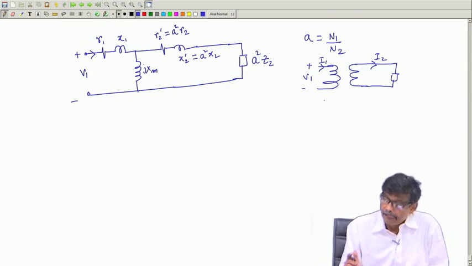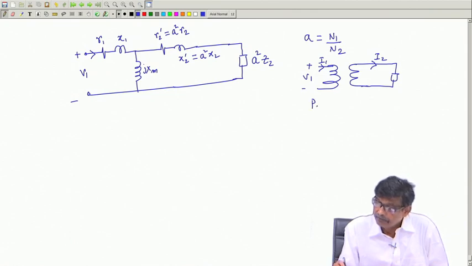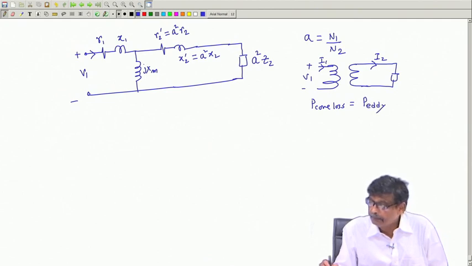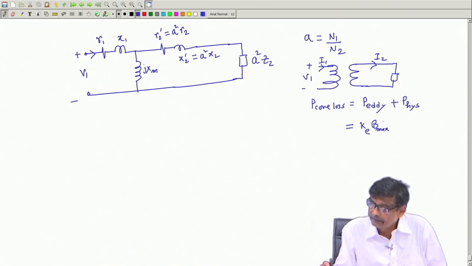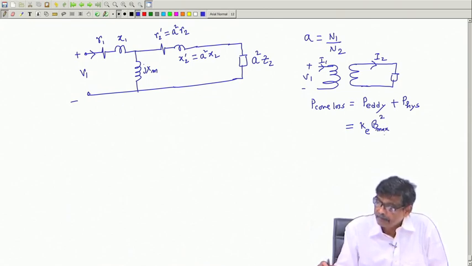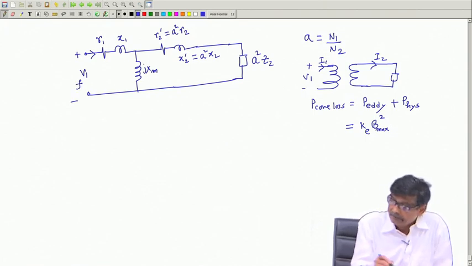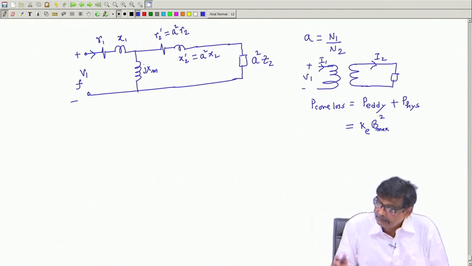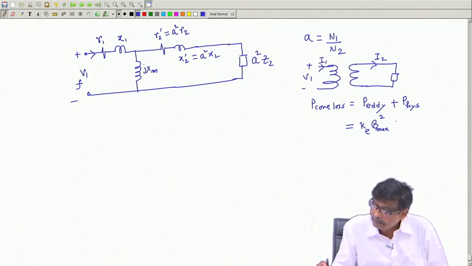Now, core loss is equal to P eddy plus P hysteresis, and P eddy loss will be proportional to some constant KE into Bmax square, F being constant, or F square, I will write, plus some constant into the area of the loop.